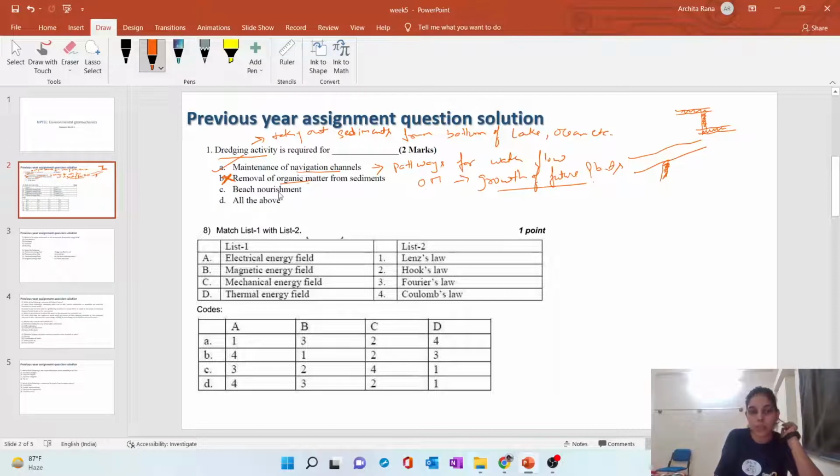Another is beach nourishment. Over time, the beach undergoes erosion, right? Because of erosion and wave activities, the beach sand is going to decrease over time.